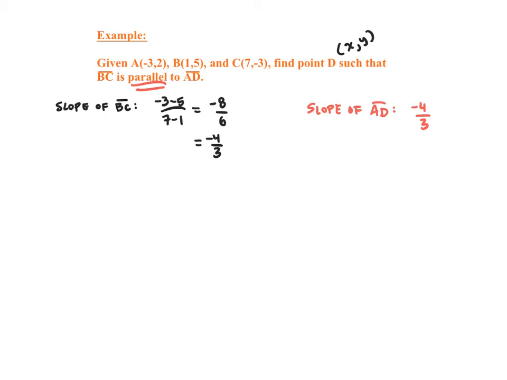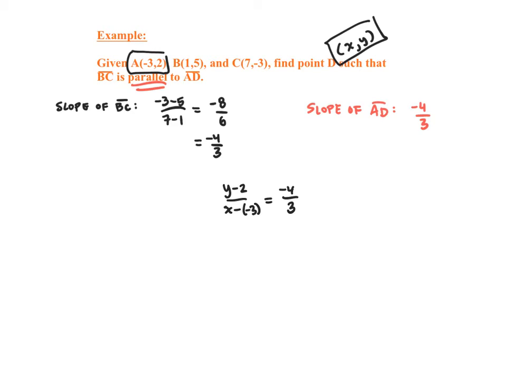So the slope of AD, let's write that out generically, utilizing these 2 points. Unknown point D and A, which is (-3, 2). So if I took y minus 2 over x minus a negative 3, I want for that to equal negative 4/3.